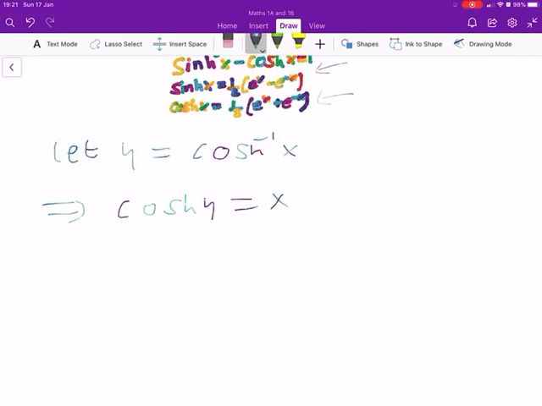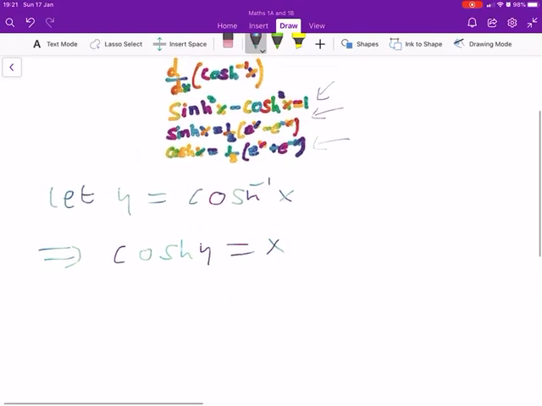And now what we need to do is differentiate this, and before we differentiate it, we're going to use this identity here. So just this one here, and we're going to basically plug it in.